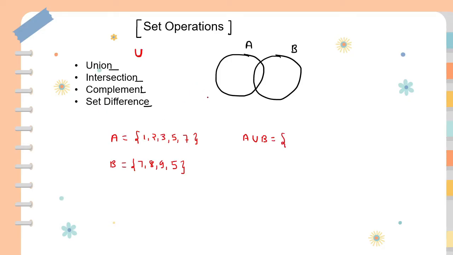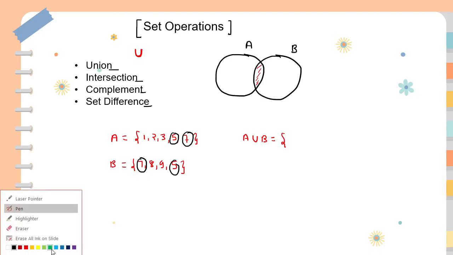so we can give these numbers here. Which elements are included in both A and B? The elements included in both A and B are 5 and 7. We will write them only one time here.